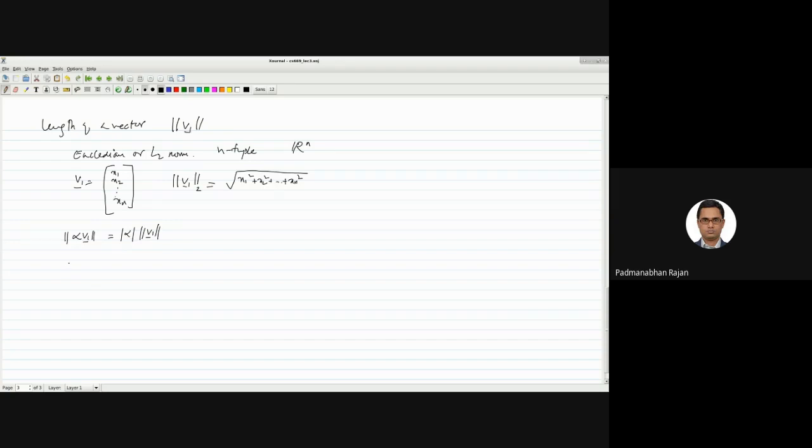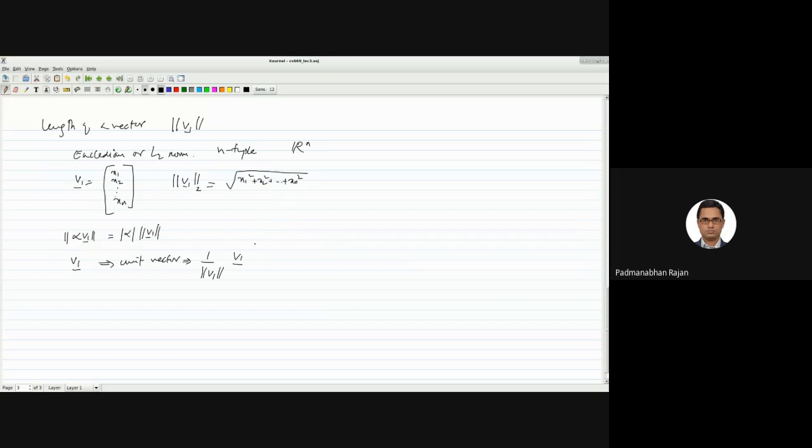And this will also give us the idea of a unit vector. So if there is a vector v1, and you want to convert it into a unit vector, how do you do it? 1 by norm of v1 into v1. So basically you're scaling the vector by the reciprocal of its norm.